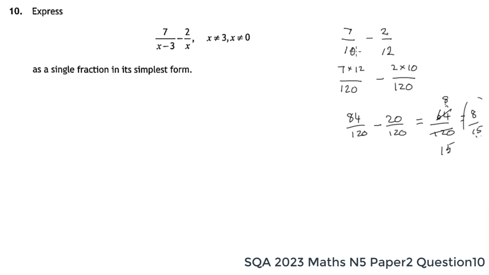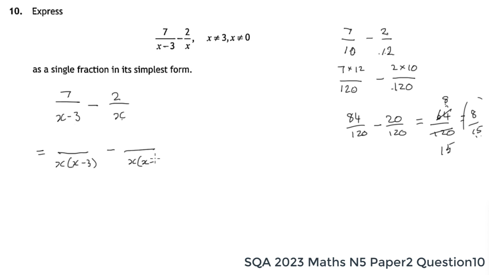So it's a case of getting both the denominators as the same number. So in this case, x minus 3 in the denominator in the first one, x in the denominator of the second one. And we can get these the same by multiplying the two together to get the denominators in this form, x times x minus 3.